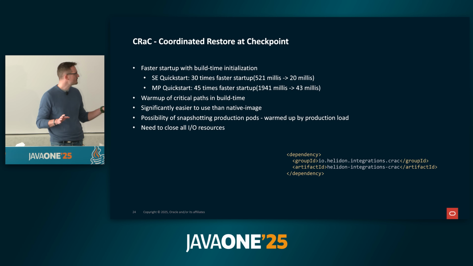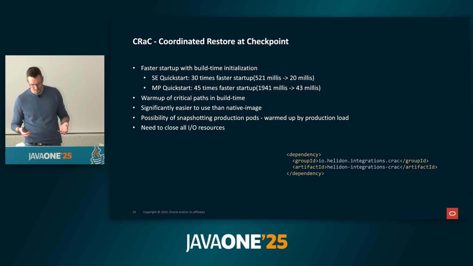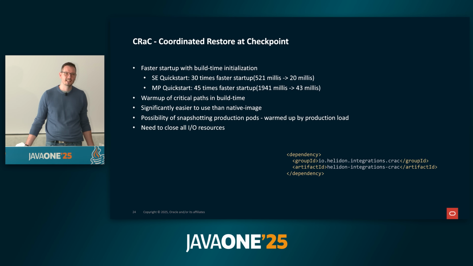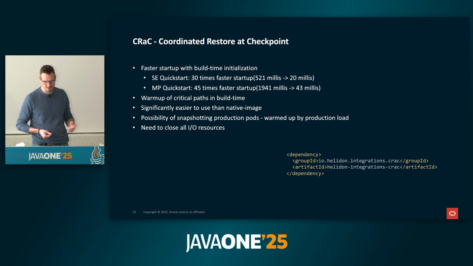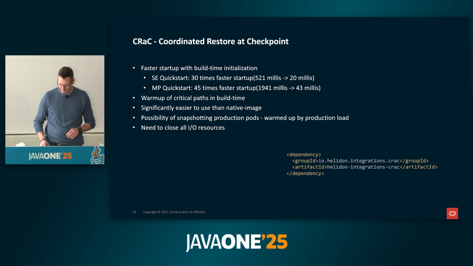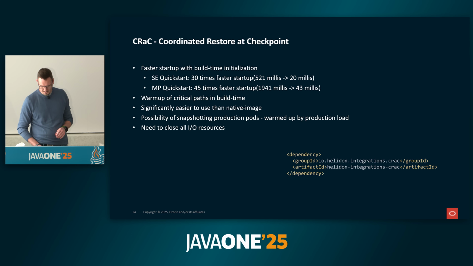Just imagine you have pods in your Kubernetes and you can scale down, and when you are killing your pods, you can save the state of the JVM. And when you are scaling up next time, you can restore them from the snapshots. This is a really nice thing to have. With all the JIT optimizations and everything, you have the standard JDK. You can just snapshot it.